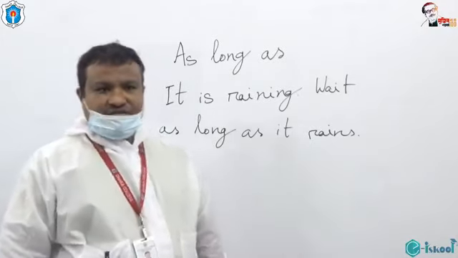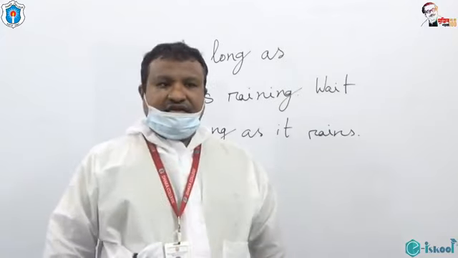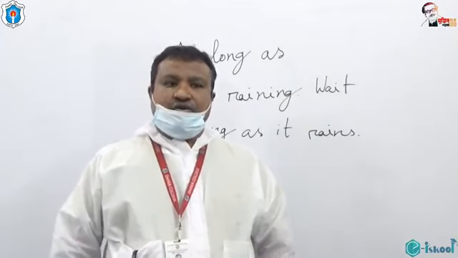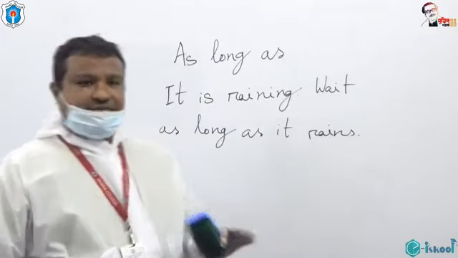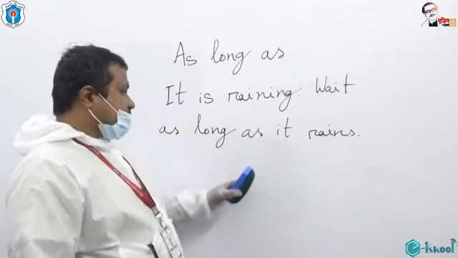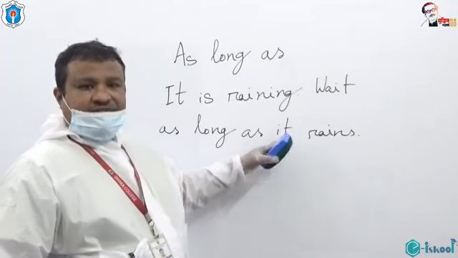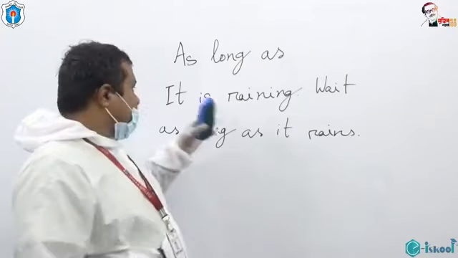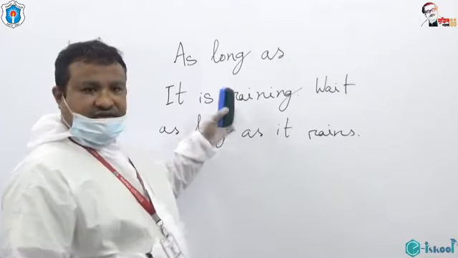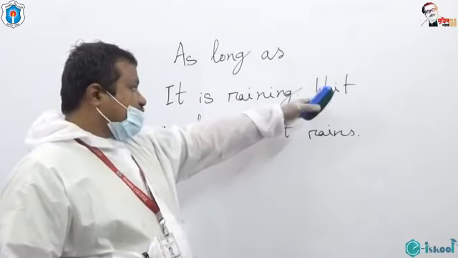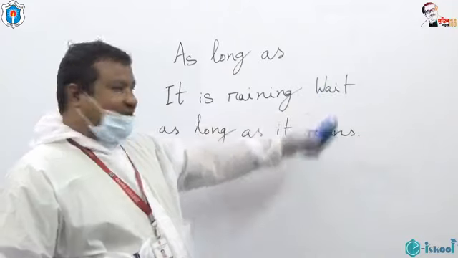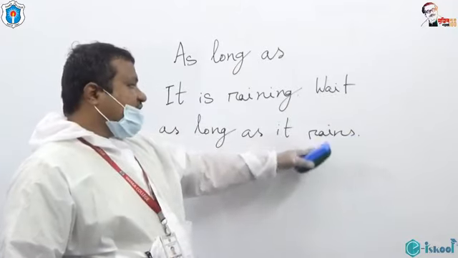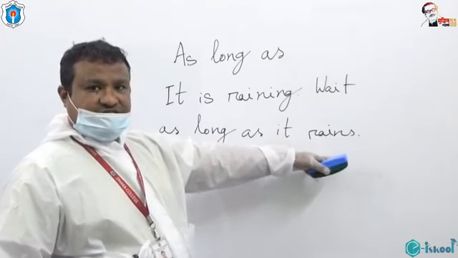So when we are using this phrase as long as, we have to keep in mind that we must preserve the unity of tense. That is, it was raining, so we were waiting as long as it rained or as long as it stopped.